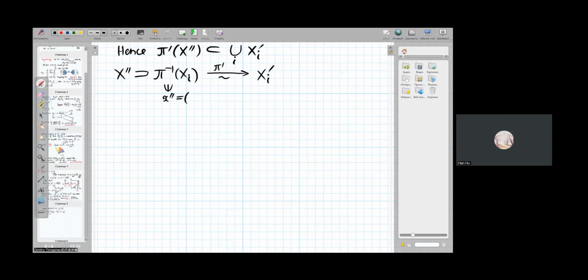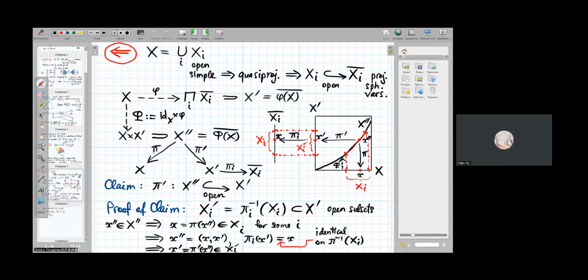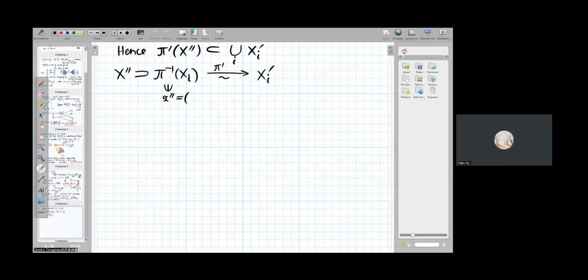This is a point in a product variety, in this variety x double prime, which sits in the product of x and x prime, and x prime itself sits in the product of all xi bars. So this point sits in the product of x and all xi bars, and it has several components. The component corresponding to x is just the point small x.